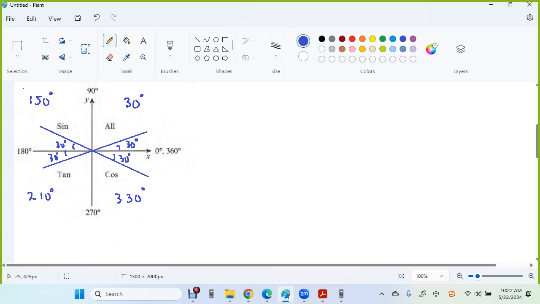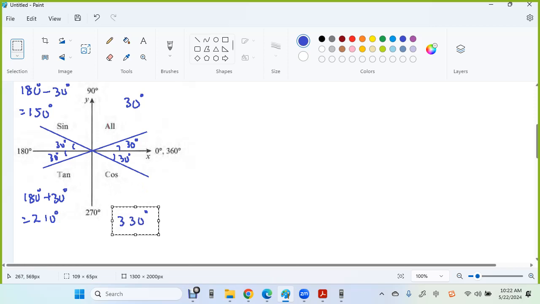Because this is 180 degree minus 30 degree, 150 degree. And then this one is 180 degree plus 30 degree. And then this one is 360 degree minus 30 degree.